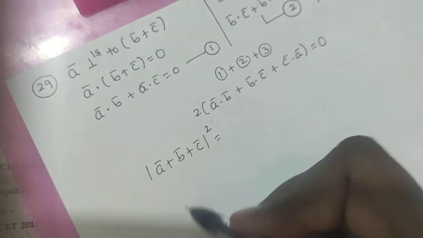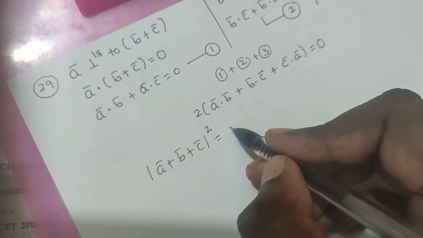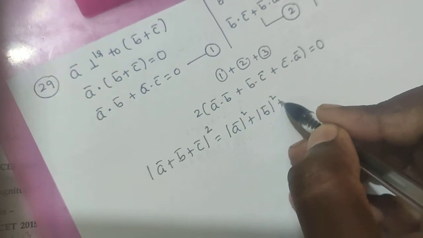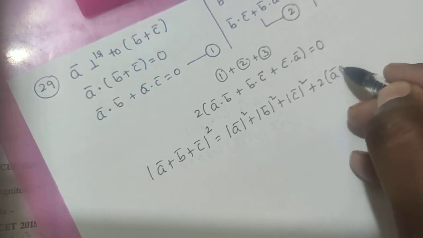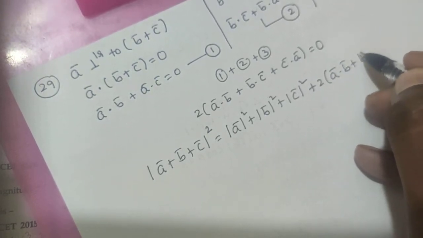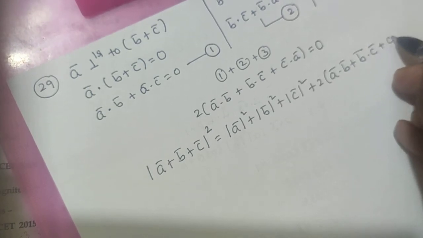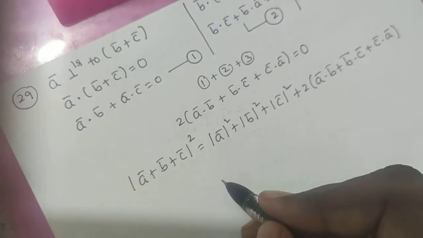What is the formula for the magnitude of a bar plus b bar plus c bar whole square? Mod a square plus mod b square plus mod c square plus 2 into (a dot b plus b dot c plus c dot a). Okay, now substitute.